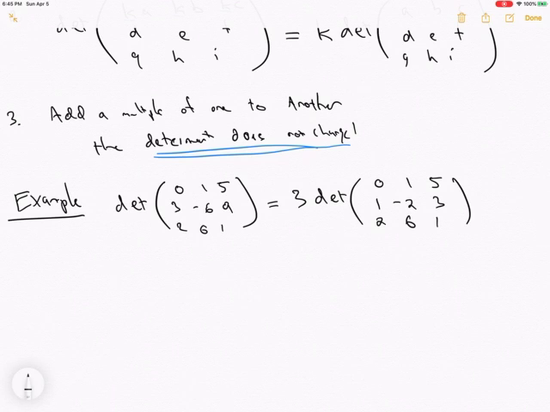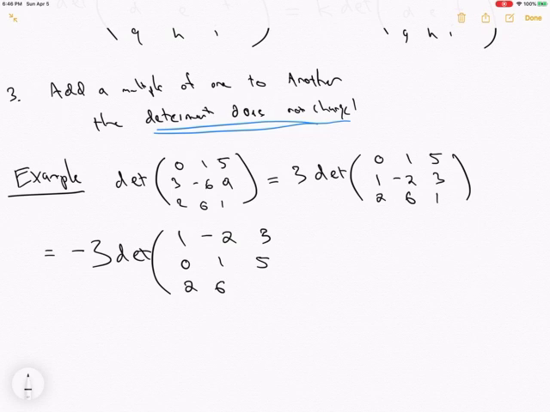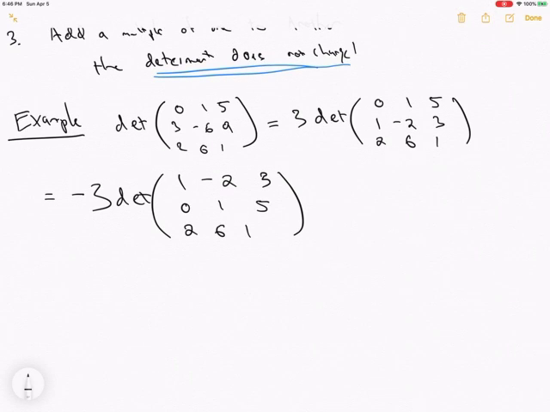And now let's put that 1 in the upper left. So let's swap the top two rows together. If we swap rows, we get a negative sign, but nothing else will change. Now this is convenient because we have a leading 1 there, and we can use it to clear out the bottom row.